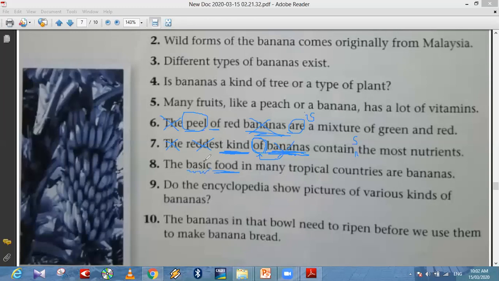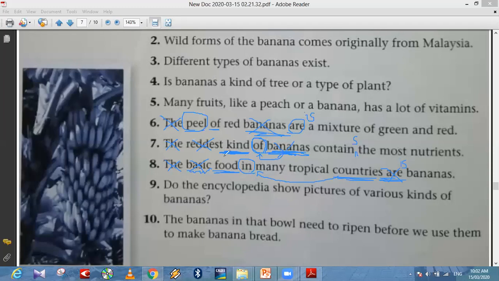Because it's an adjective, near a definite article. In many tropical countries: so why not countries? Because it's the object of a preposition, the preposition in. So are will be changed into is, to agree in number with the subject food. Thank you so much. You're welcome.